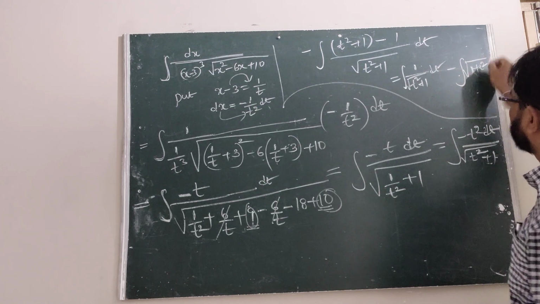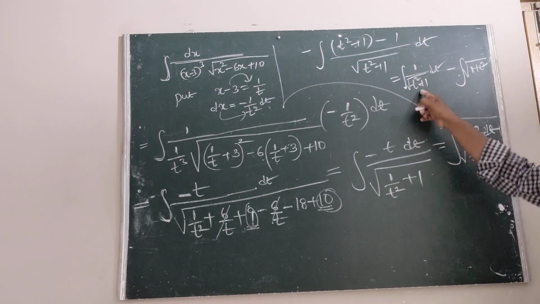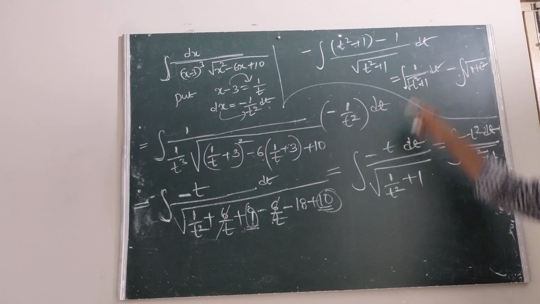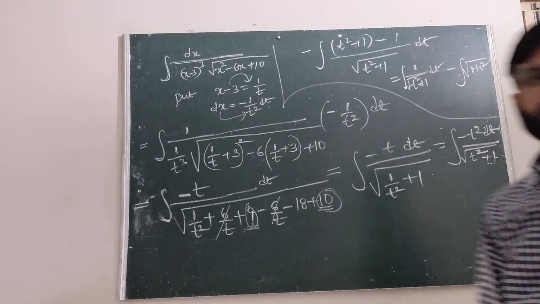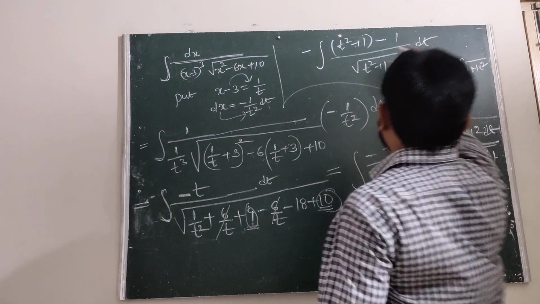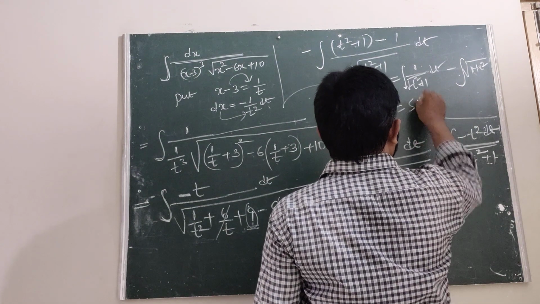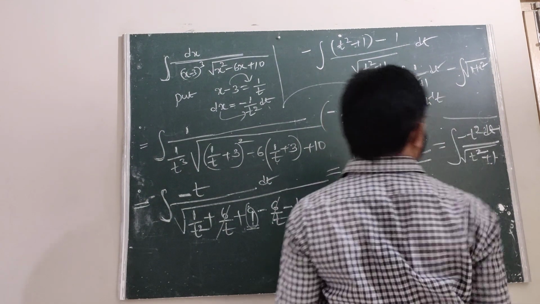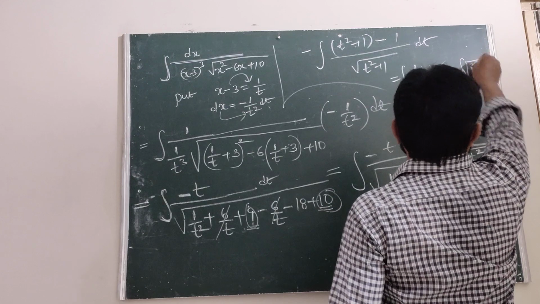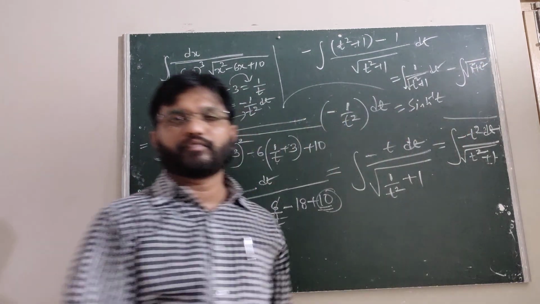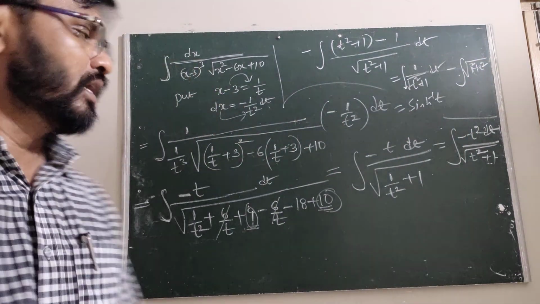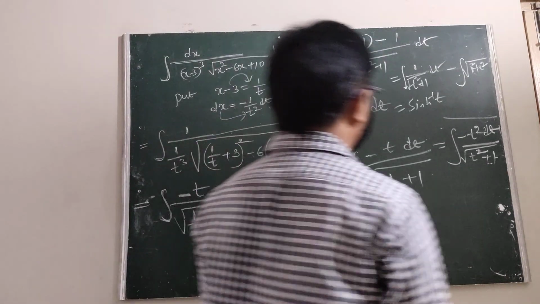This is the formula of sine h inverse of t. Now this is the form of a square plus x square.